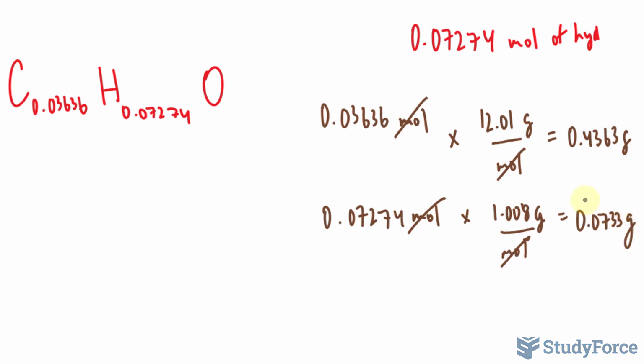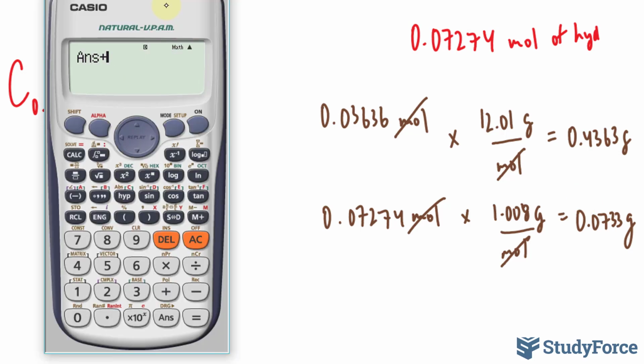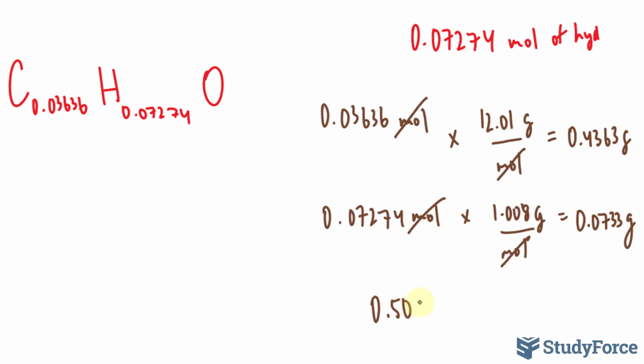I'll add these two numbers up and subtract from the total. Adding this number to 0.4363, we get 0.5096 grams, and that represents the mass of carbon and hydrogen.